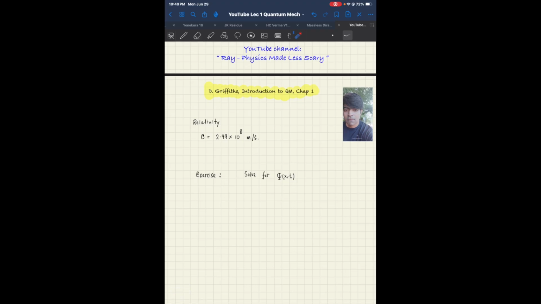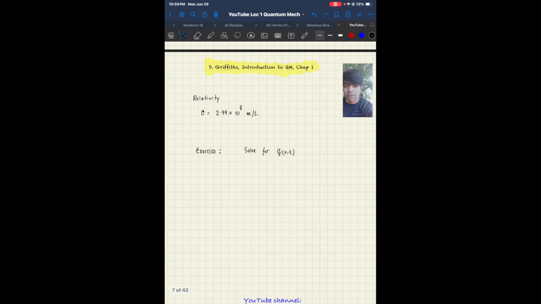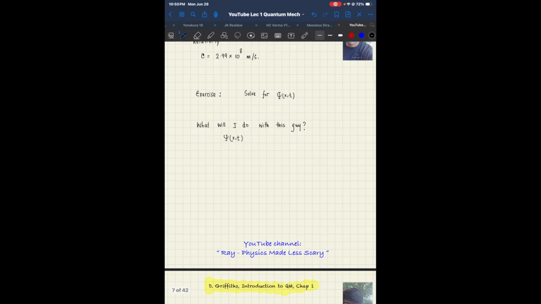The question you should have, and this is maybe where we would stop today, is what will I do with this guy, this wave function? In the classical mechanics picture, it was quite clear.